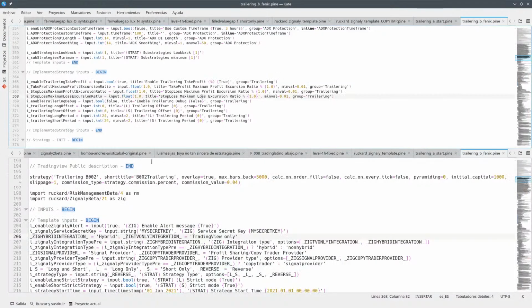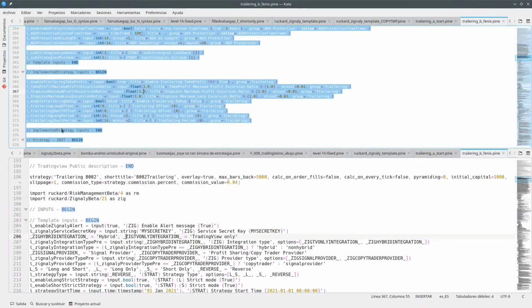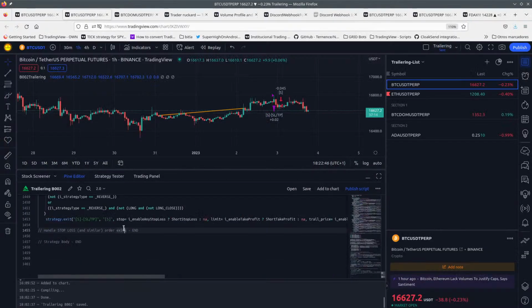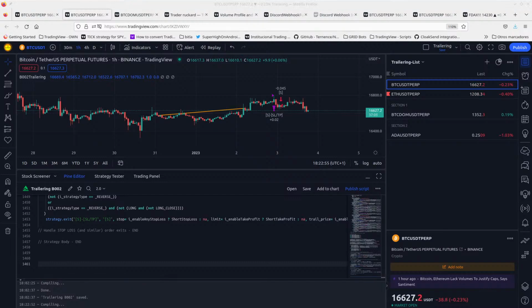Okay, first of all, let's copy and paste this so that we have the right settings on the strategy. So let's copy and paste here. I mean, I know I am into something, but the problem is that it's too complex to backtest in a traditional way, and that bothers me.